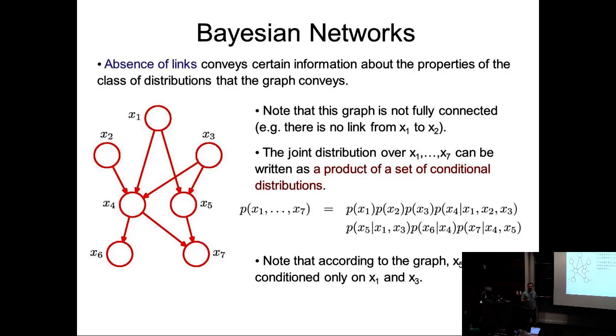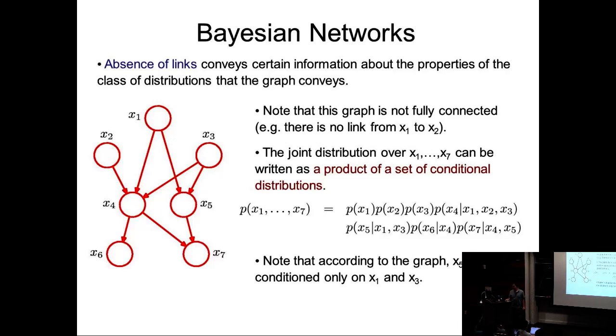We'll come back to this point later in the class, where we're going to be constructing these layered graphical models. But what's interesting is that if I look at the joint distribution over all of these random variables, I have this particular property. There's P of x1, P of x2, P of x3.